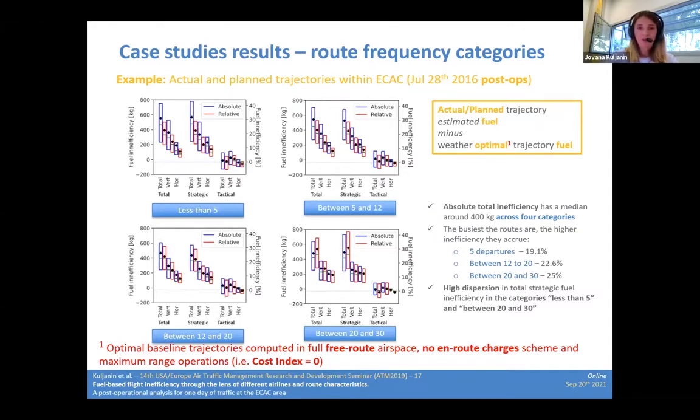So for the routes less than 5 departures per day, we have a relative inefficiency of around 19%, while for the routes with the daily departures between 20 and 30, the relative fuel efficiency accounts for 25%.